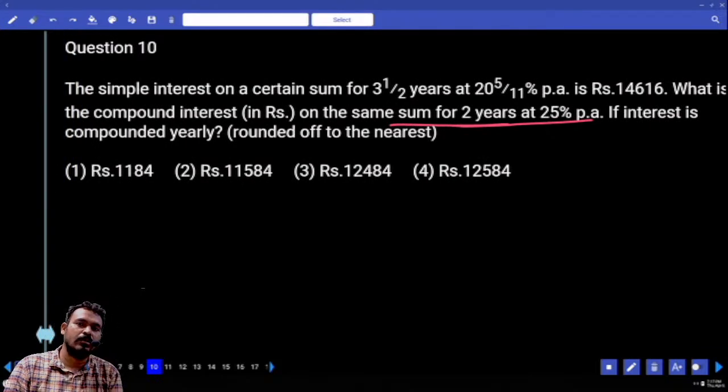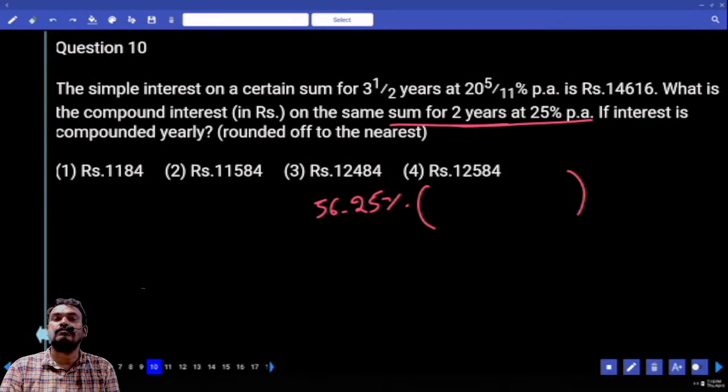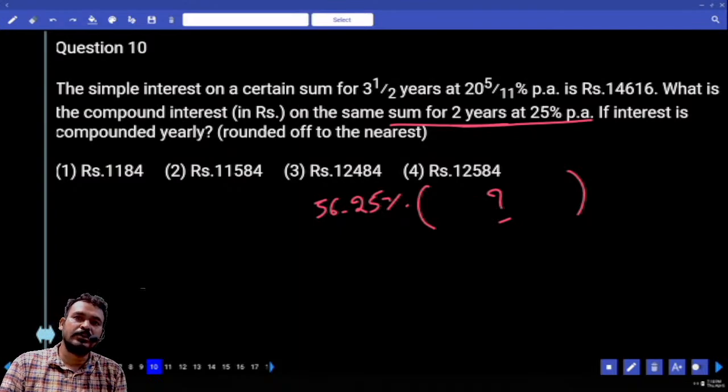What is the compound interest 2 years concept? A plus B plus AB by 100. 25 plus 25 is 50. 25 into 25 by 100 is 6.25. What is the total compound interest? 56.25%. That is calculated on principal. Irrespective of principal, we required how much percent?